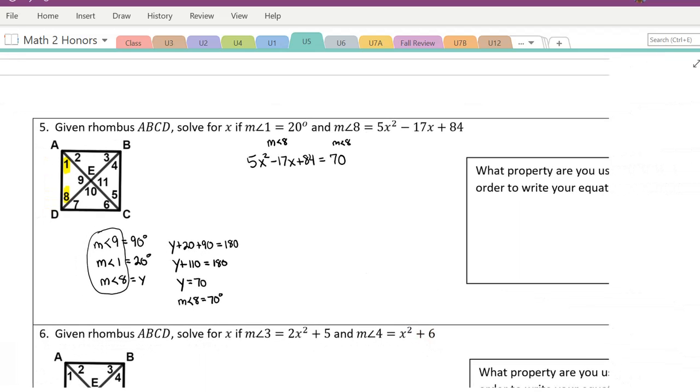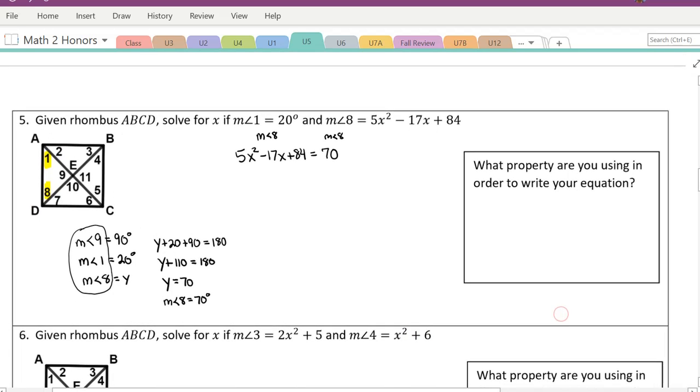And by the way, I need to write what property we were using. There's actually two things that unlock this problem for us. First of all, we used the property that the diagonals of a rhombus are perpendicular.